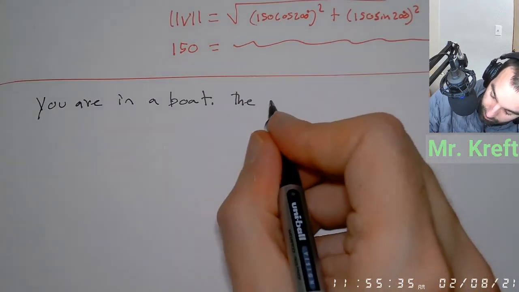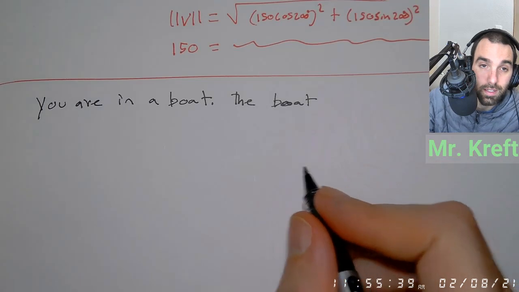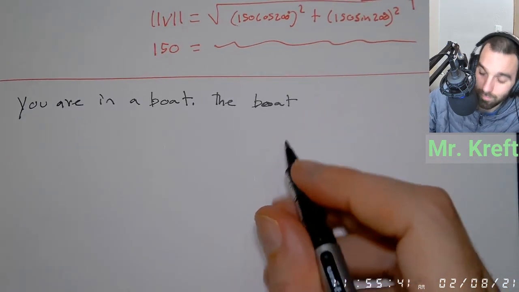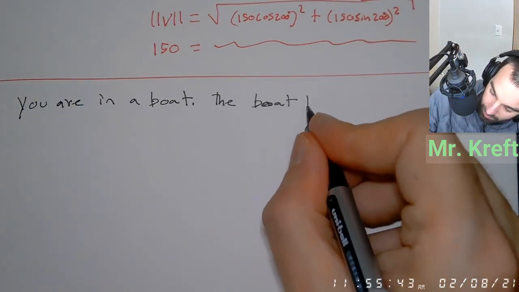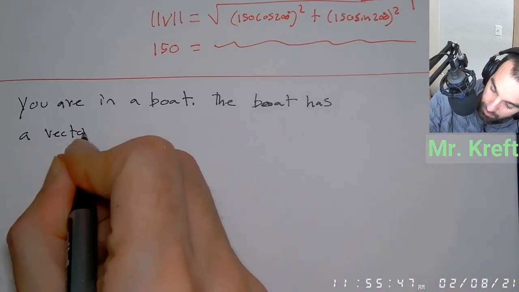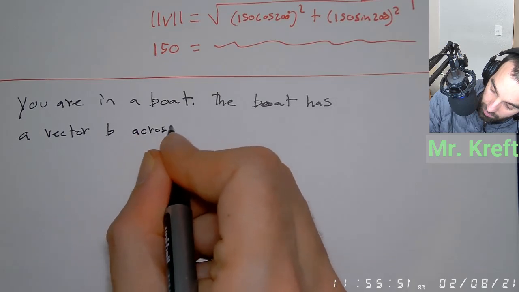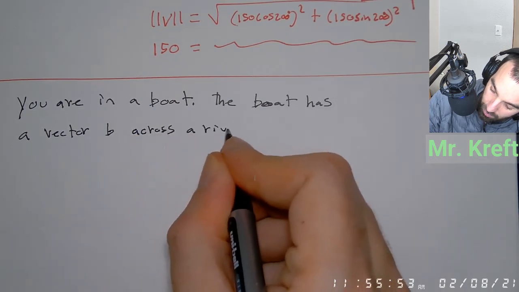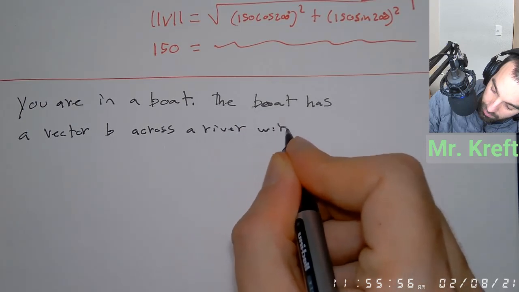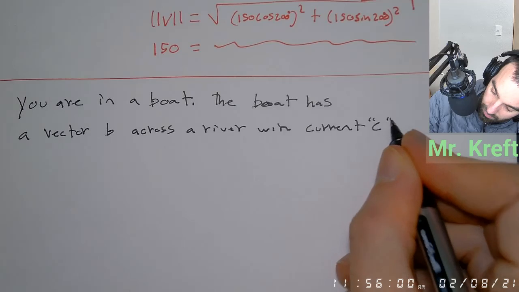The boat has a vector b across a river with current c.